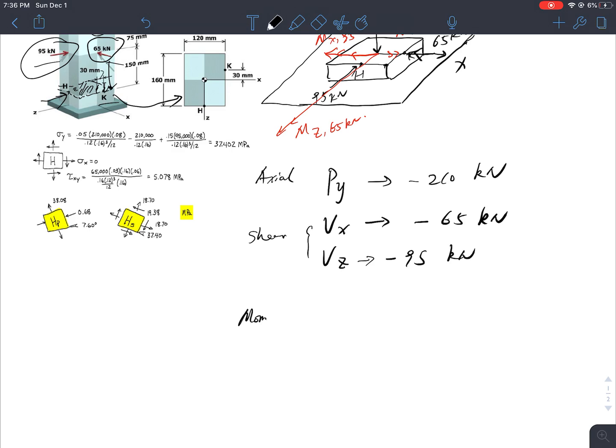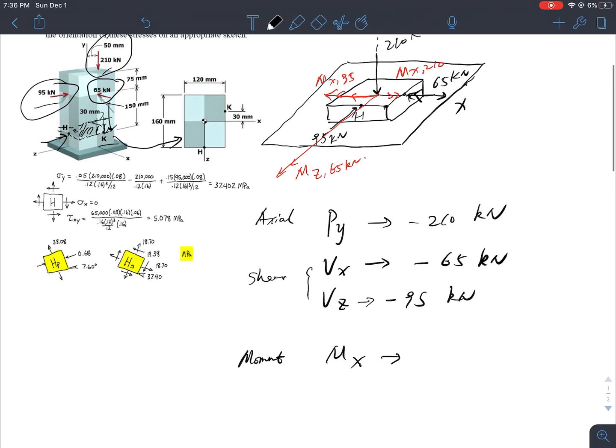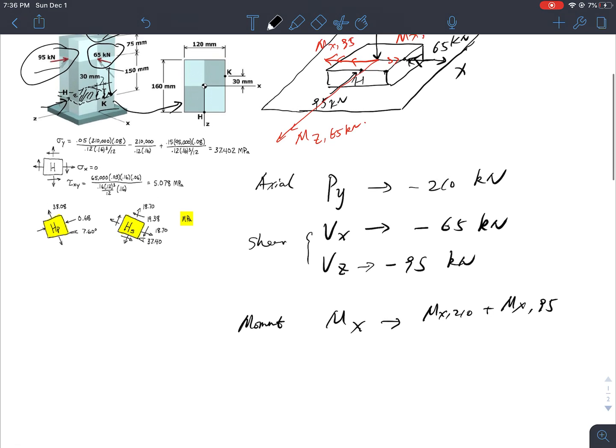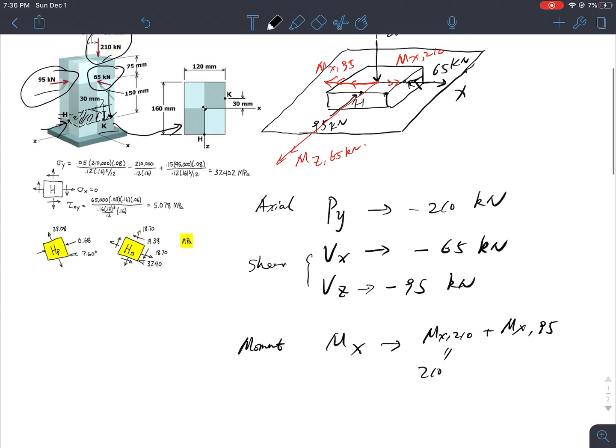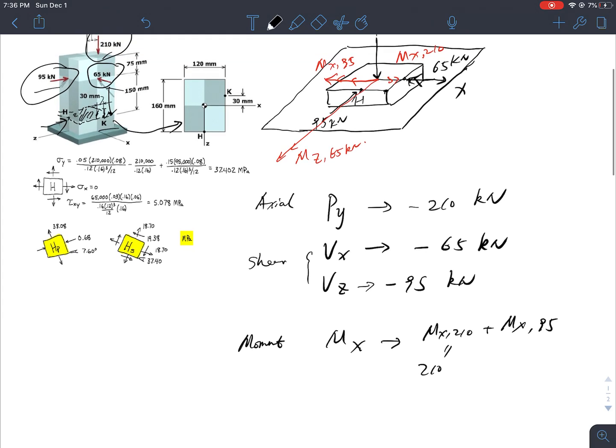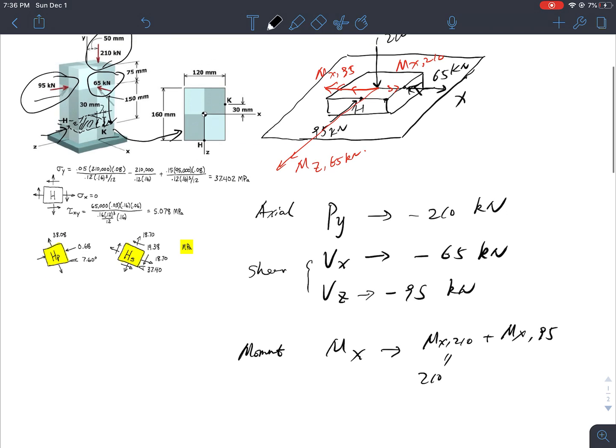And what else? I have bending moments. Mx equals the Mx from 210 minus, or plus, the Mx from 95. Specifically, I have 210 multiplied by the shifted distance, which is 50 millimeter.